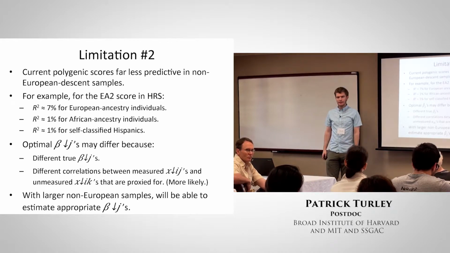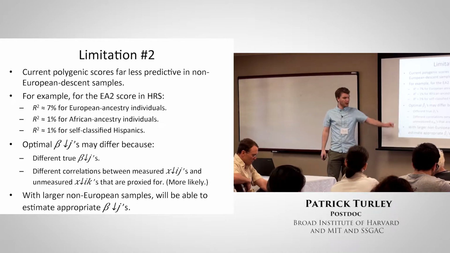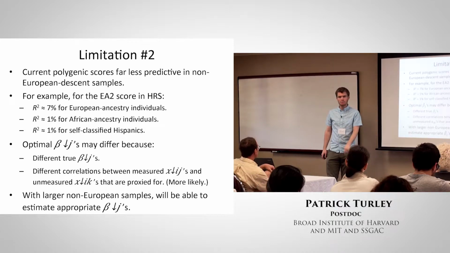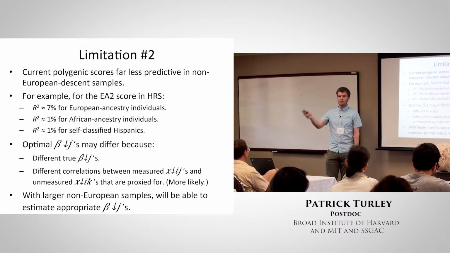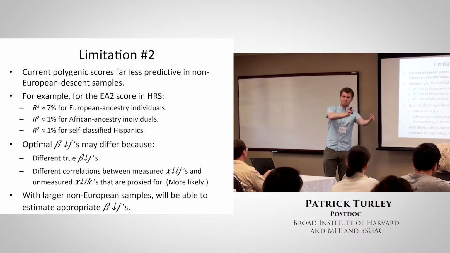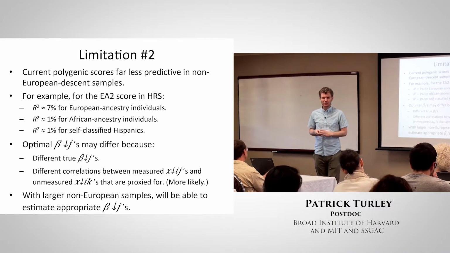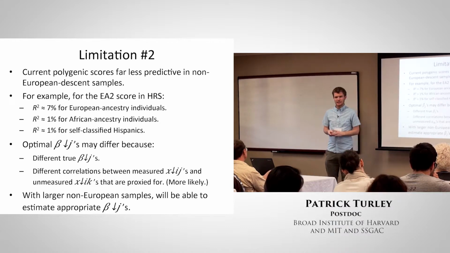Yeah, and that's, I think, one of the main ways that people are approaching this problem. Alicia Martin is one of my colleagues at Broad, and she's thinking a lot about how you would go about correcting into B space and then back into the beta space, I guess, and then back into the B space for people of different ancestry groups. So I think that's a reasonable thing, and it's the sort of thing that people are working on.